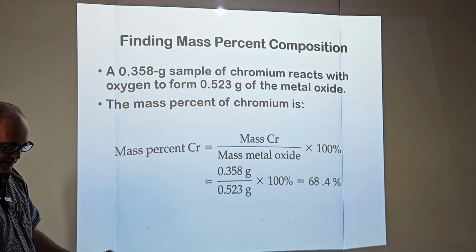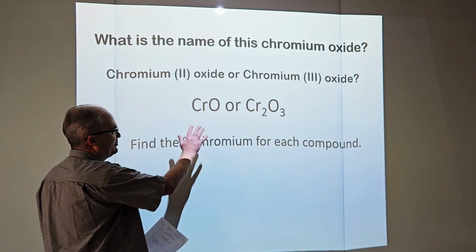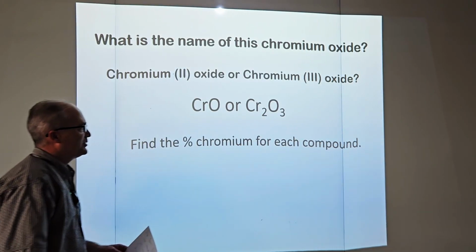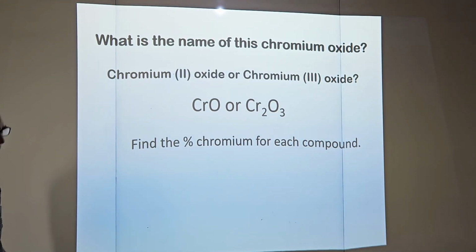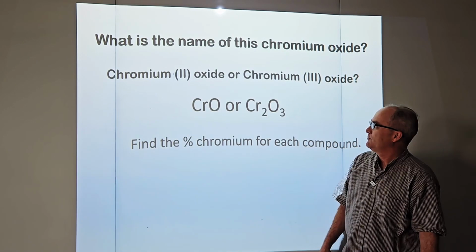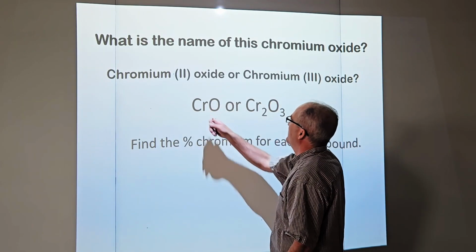We know it's 68.4. So what we have to do is we're going to find the percent chromium in this, the percent chromium in that, and see which one matches our data. For fun and no prizes, which one of these is chromium 2 oxide? Yeah, this one here.